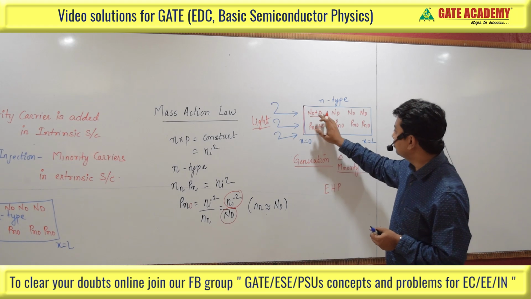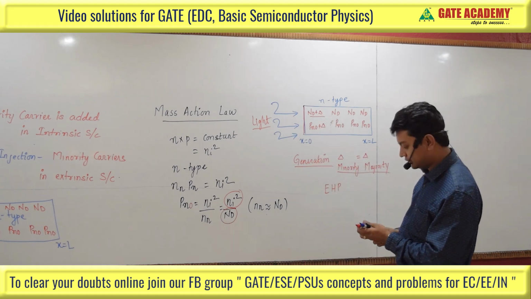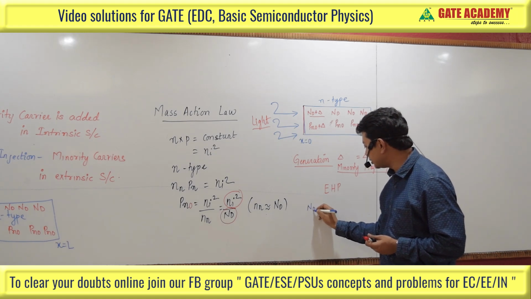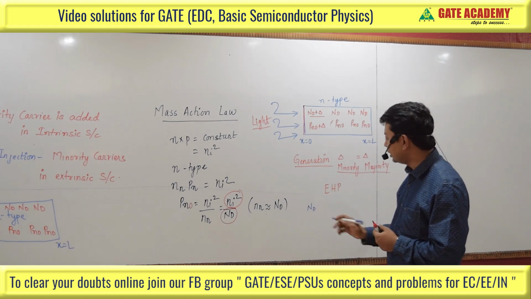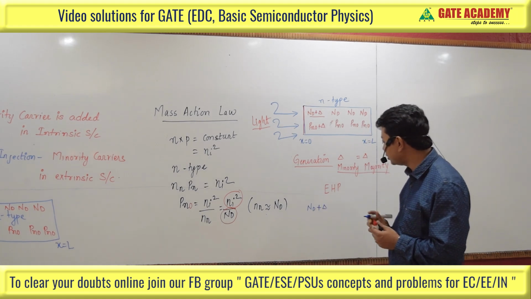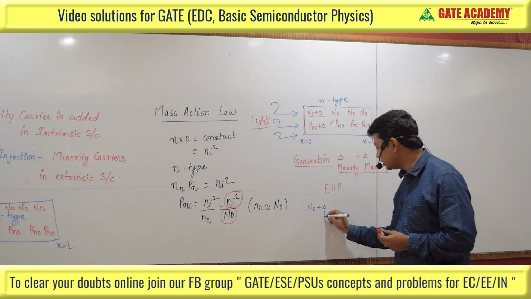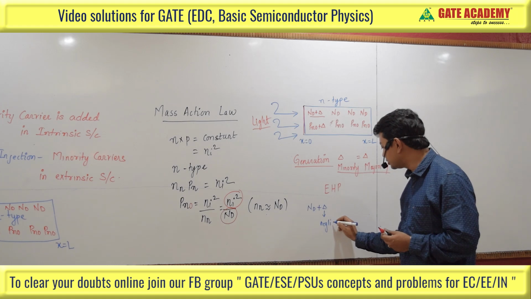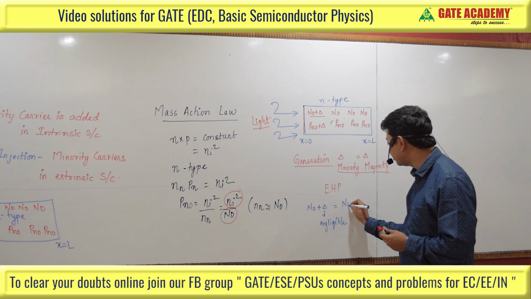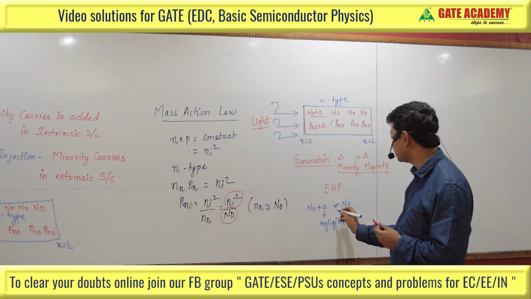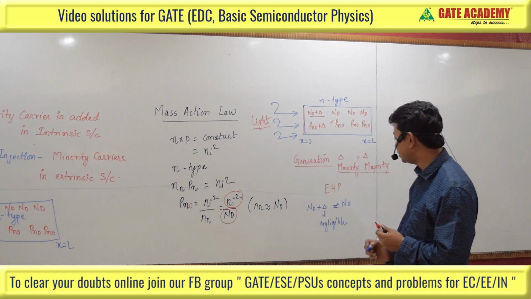Now both majority and minority carriers have increased inside this semiconductor. Now we compare. Since Nd is very high, because it is the majority charge carrier, adding a small amount of donor atoms is taken as negligible, so we get approximately the same amount, that is, Nd plus delta is equal to Nd.